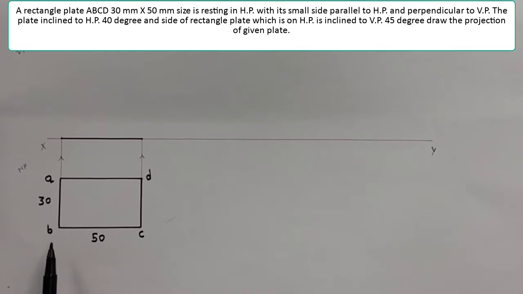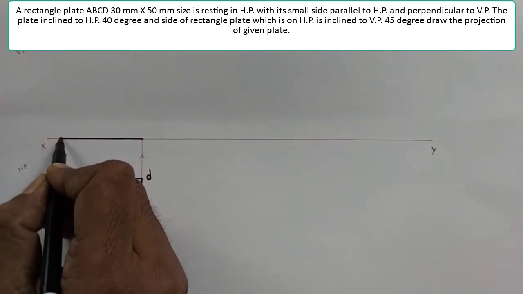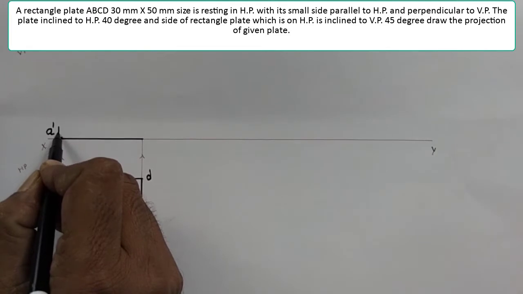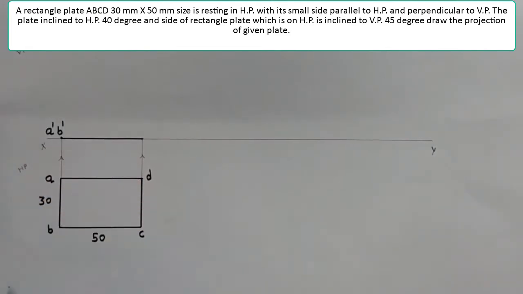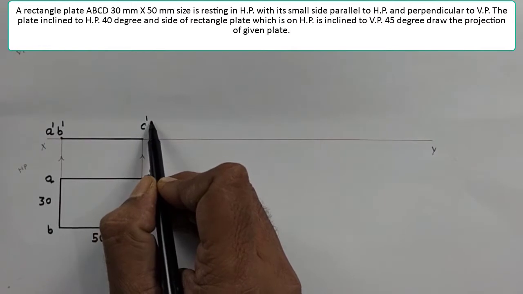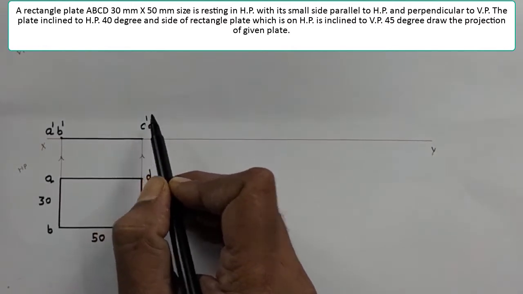Now you see the corners A and B. The elevation of corners A and B appears here as a dash, b dash. Similarly, the elevation of corners C and D appears here as c dash, d dash.